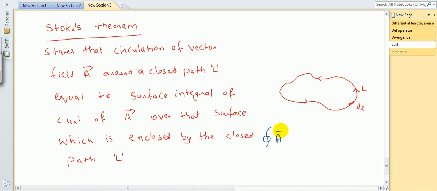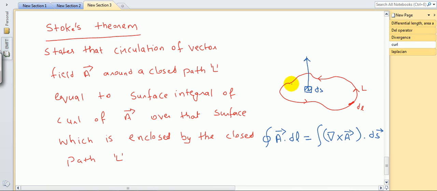So I can write A dot dl. If I calculate this, then this will be the same as the curl of this field over the surface. Now this whole surface is ours, and this is a small area, that is ds, a vector which is normal to the surface.